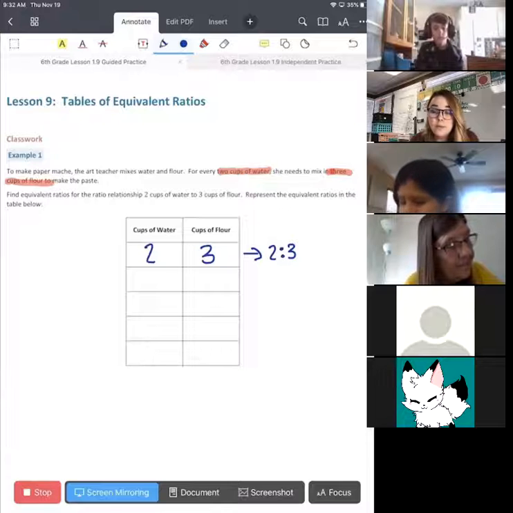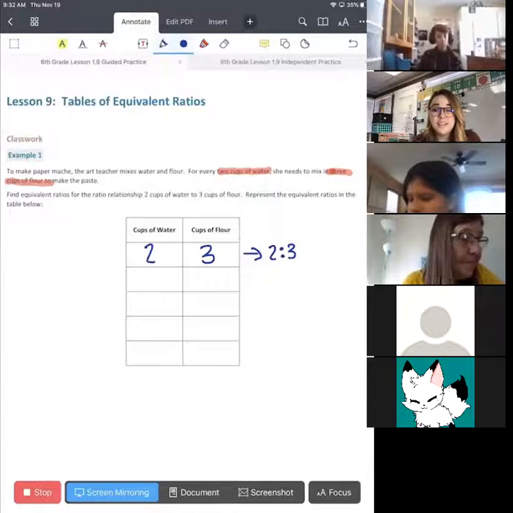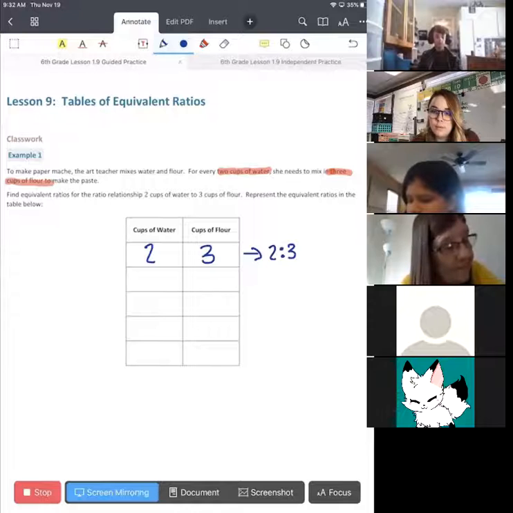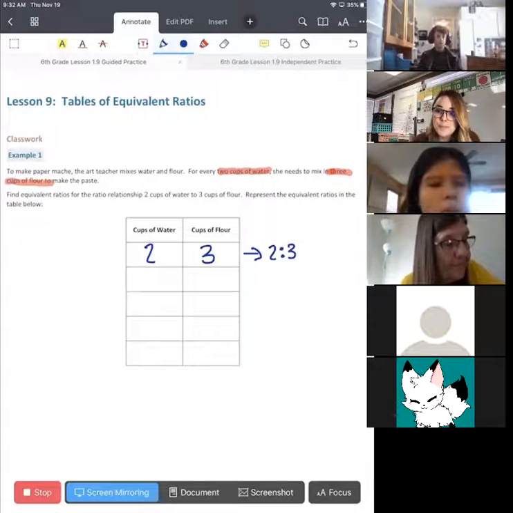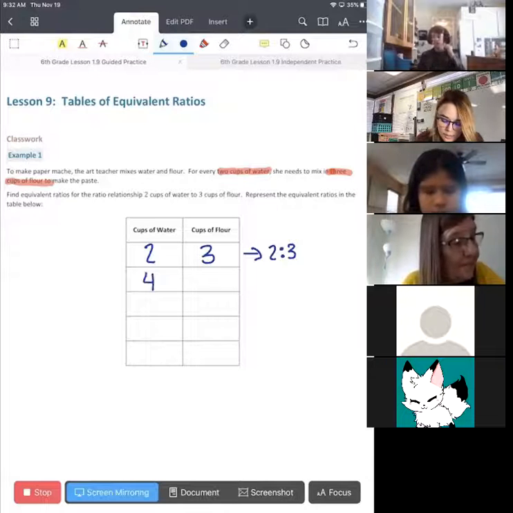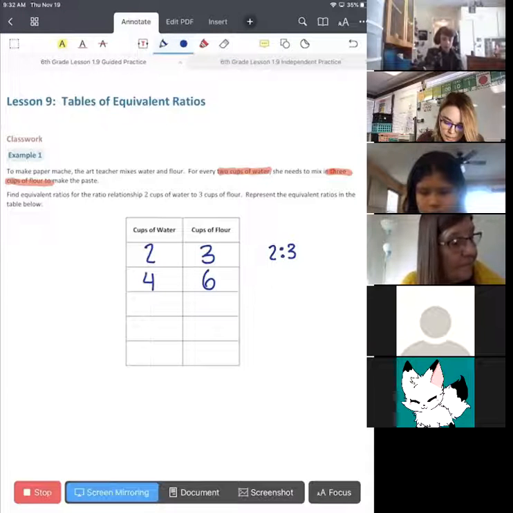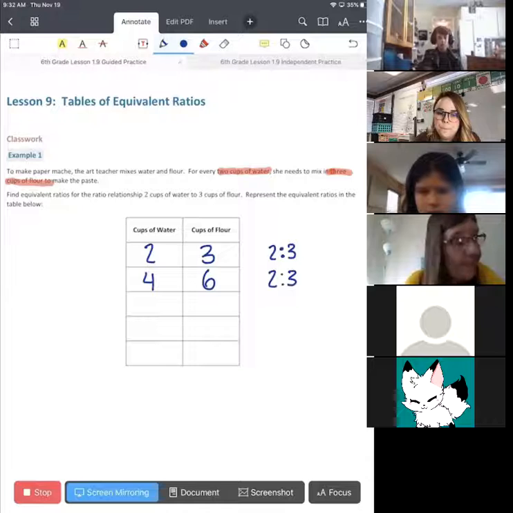Remember, when we are making equivalent ratios, if we multiply both numbers by the same number, then we're getting an equivalent ratio. So if we multiply both of these numbers by 2, 2 times 2 gives us 4, 3 times 3 gives us 6. This ratio is equivalent to 2 to 3.